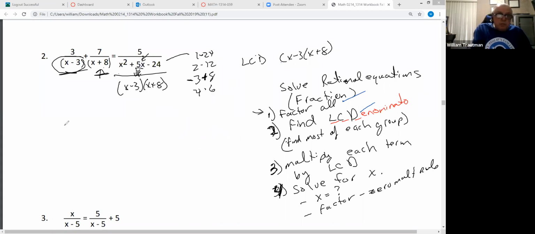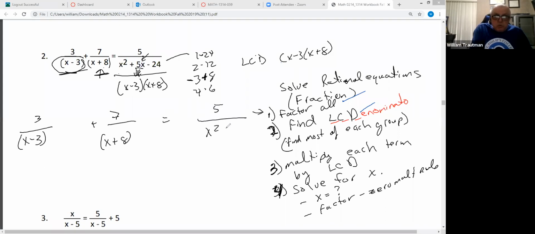So we're going to rewrite this whole thing, 3 over x minus 3 plus 7 over x plus 8 equals 5 over x squared plus 5x minus 24. Oh, wait. Let me do it correctly, the factored version, x minus 3, x plus 8.